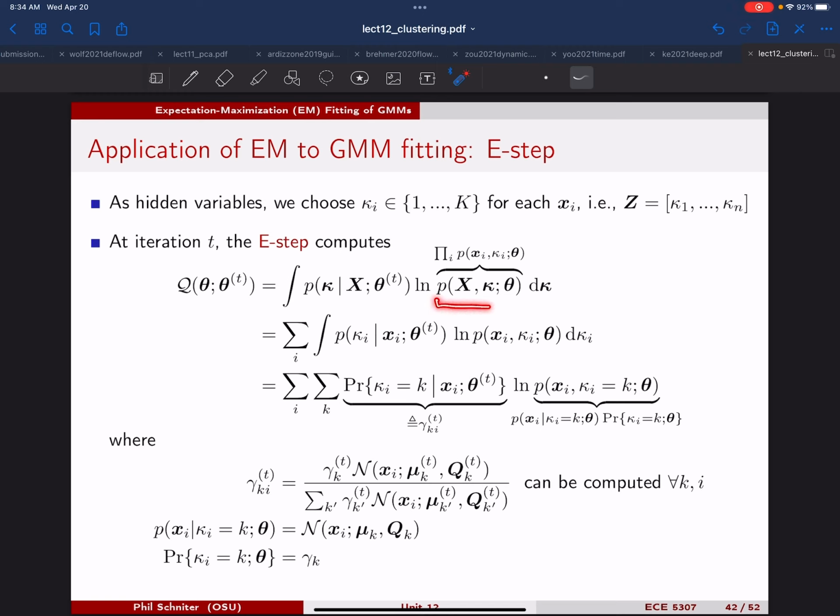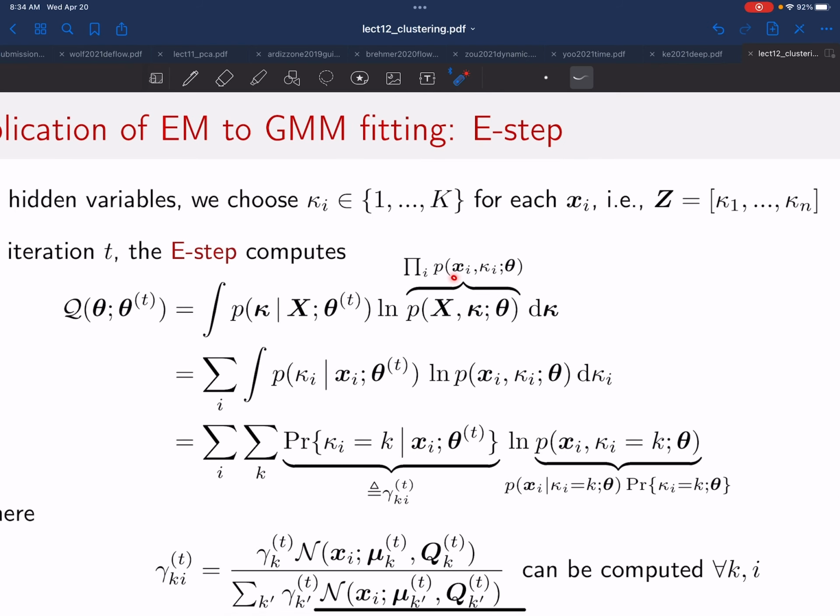So this density factors into a product over all our samples of this joint one here, which is the probability of the feature vector xi and the scalar kappa i, and of course this free variable theta. As we know, when you take the log of the product, you get the sum of the logs. So let's see what that's going to give us. The sum, we can bring all the way outside the integral.